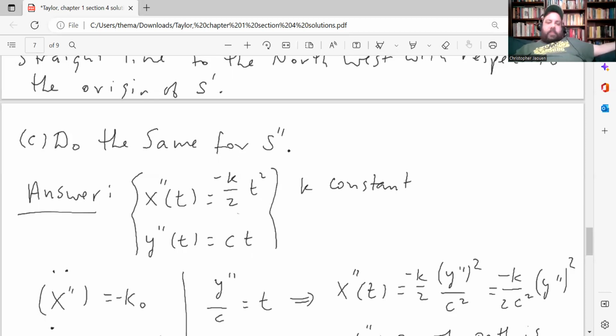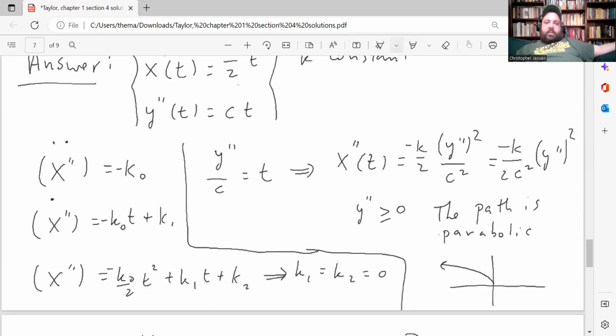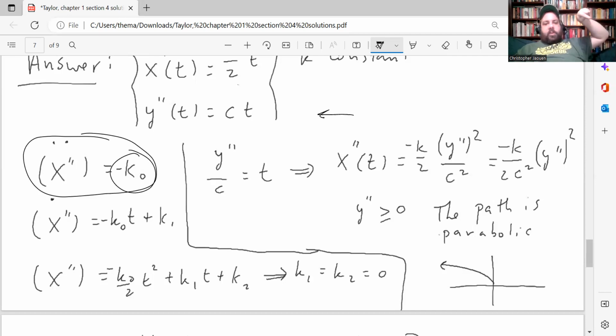So here, that means that x double dot is constant, so it's being accelerated at some constant k0. The x coordinate of the puck would be going in the opposite direction to that in which the reference frame is being accelerated.